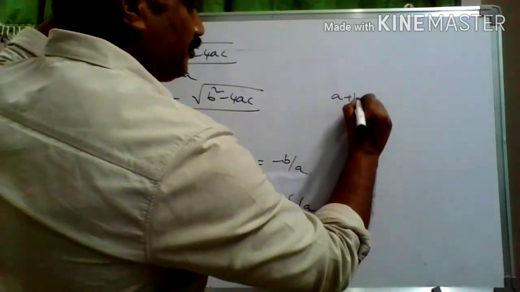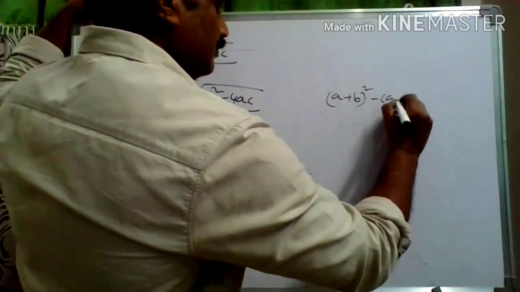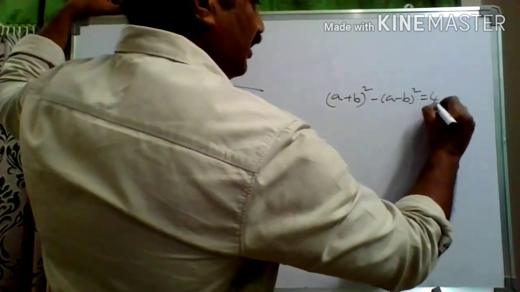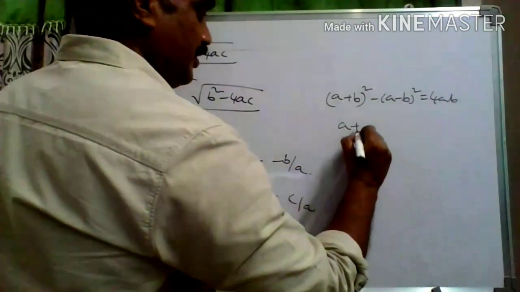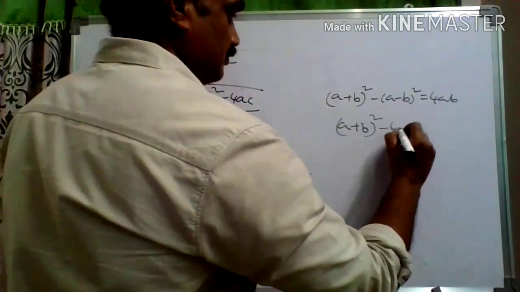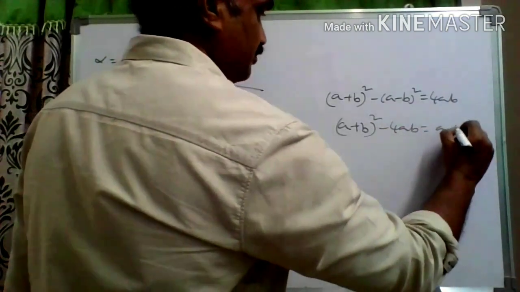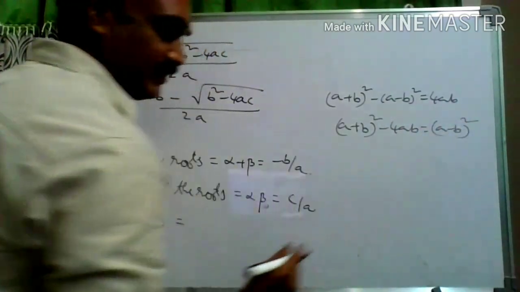Students, (a plus b) whole square minus (a minus b) whole square is equal to 4ab. So (a plus b) whole square minus 4ab is equal to (a minus b) whole square.